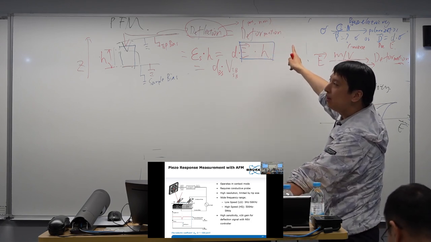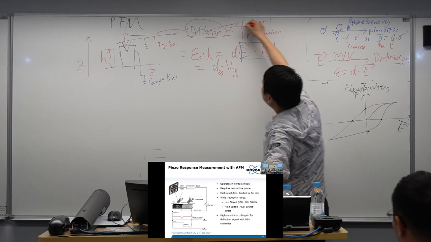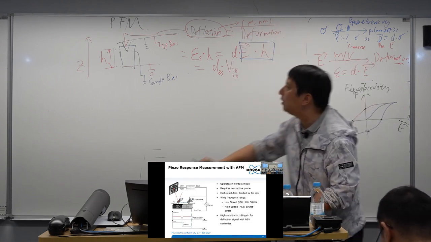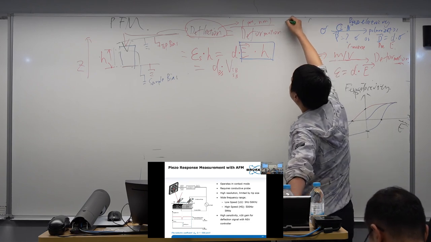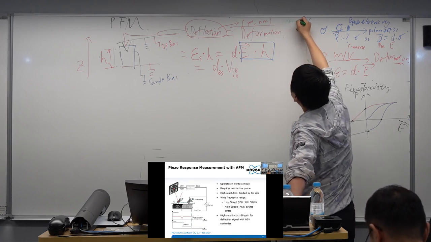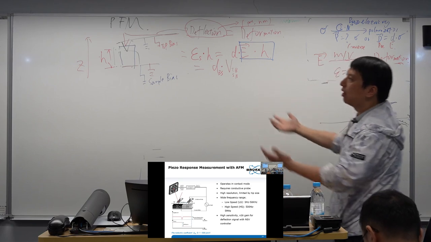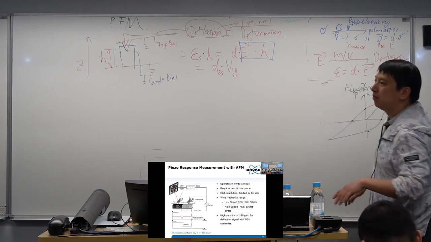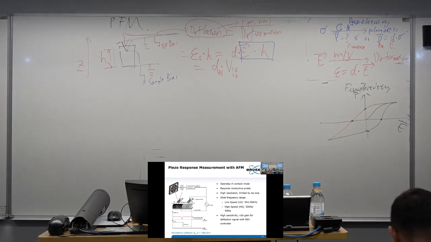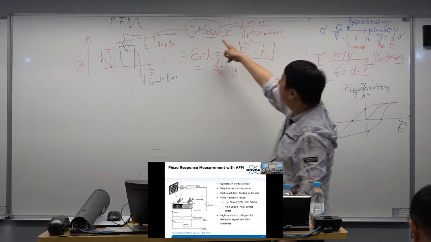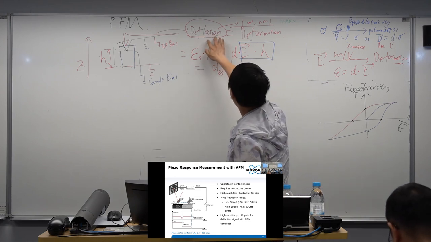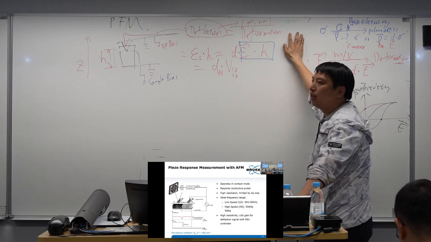It's so small. To detect such small values, it can be easily affected by the environment. If I make some sound, the probe will change. If I make some vibration, this deflection will change. So this is easily affected by the environment.